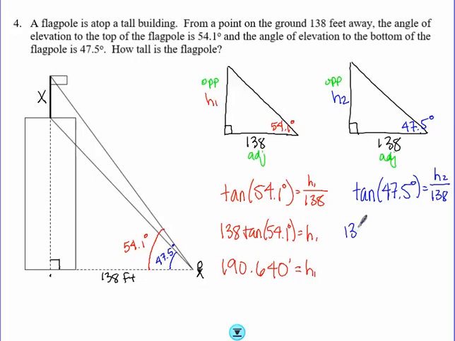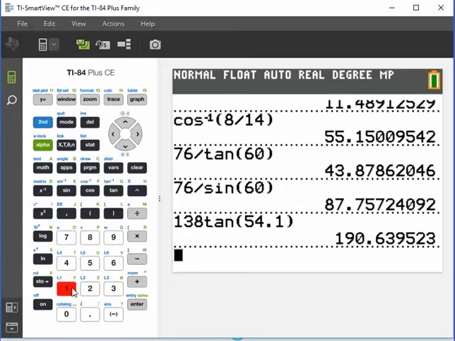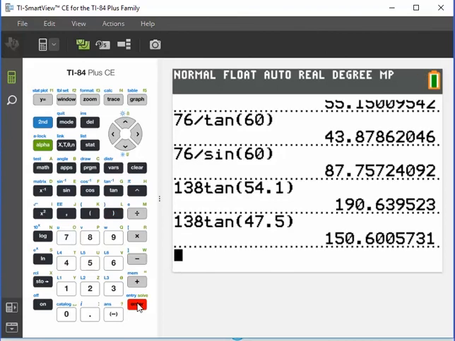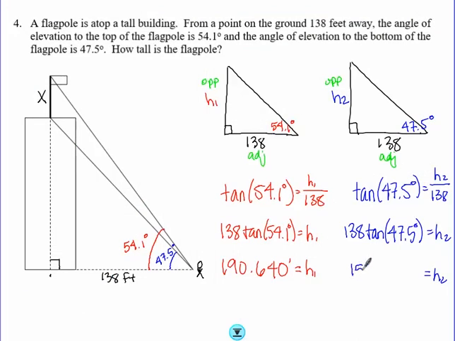If I multiply both sides by 138, and then I plug that in the calculator, I get that height 2 is 150.601 feet.